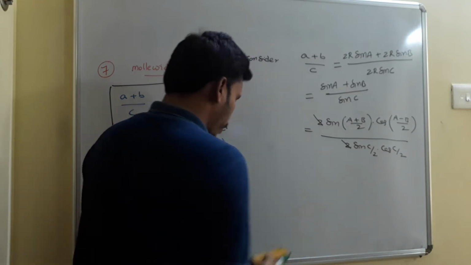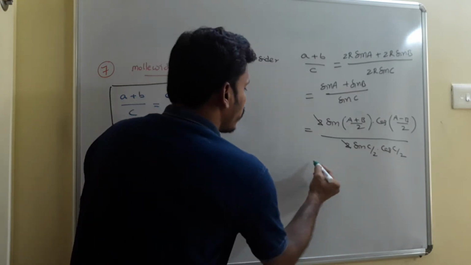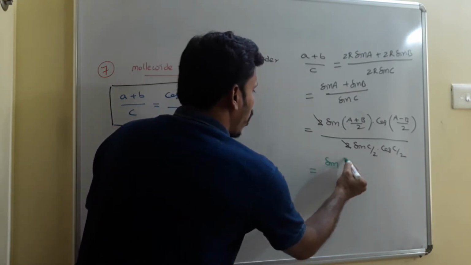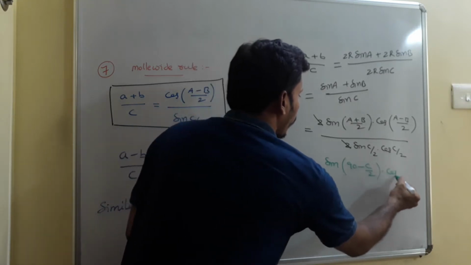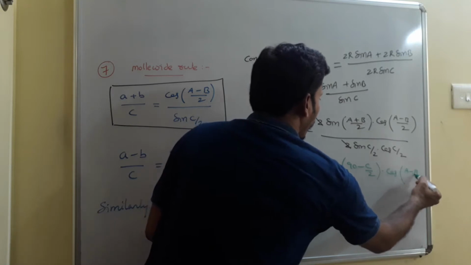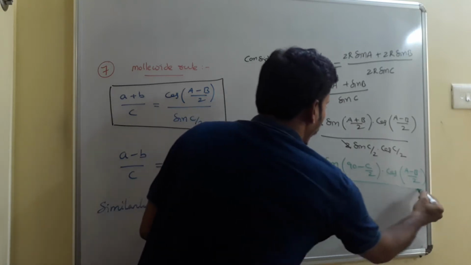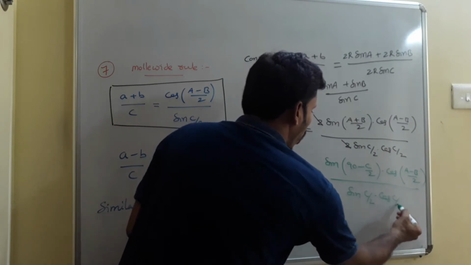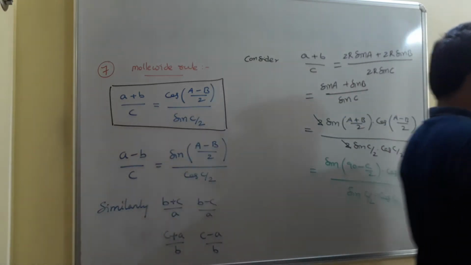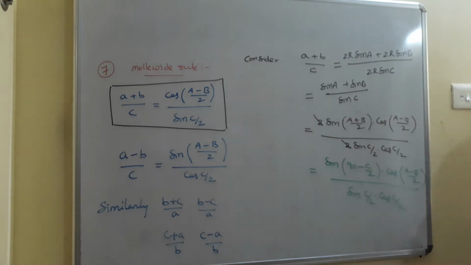So in the next step, this is equal to sin of (90 minus c by 2) into cos of (a minus b) by 2 divided by sin c by 2 into cos c by 2. Just have a look.